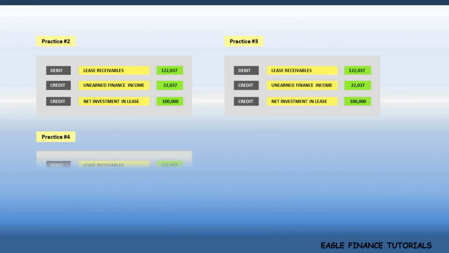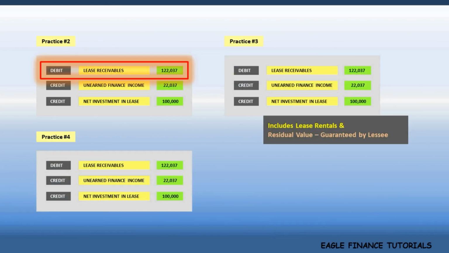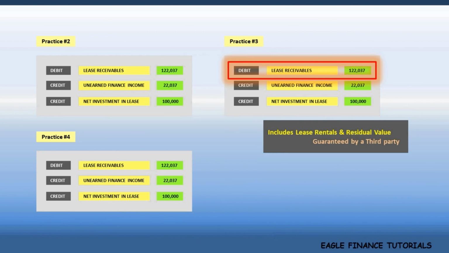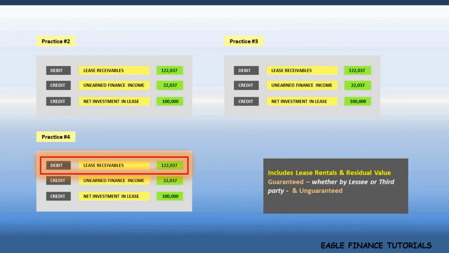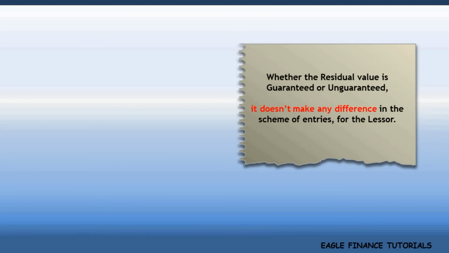Let's compare the entries in different situations. We shall make a summary of the accounting entry the lessor makes at the start of the lease.